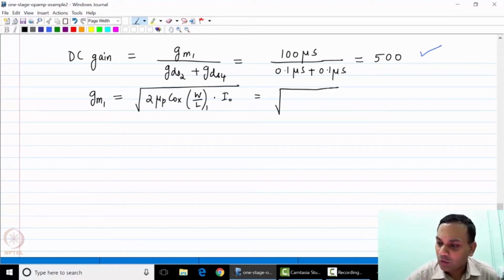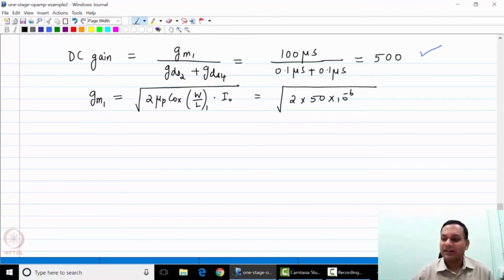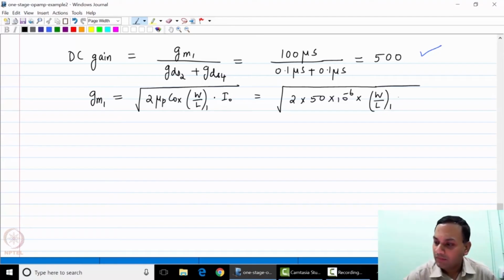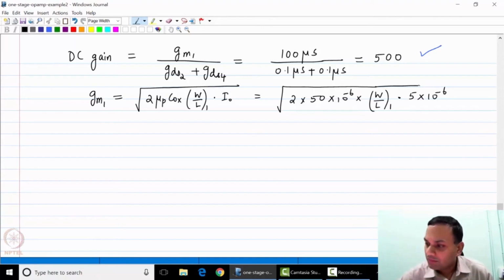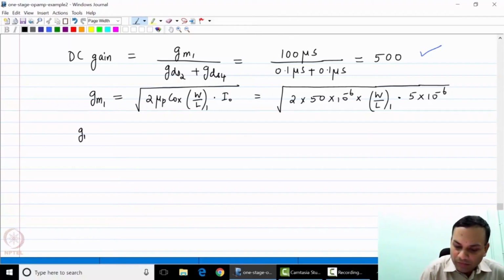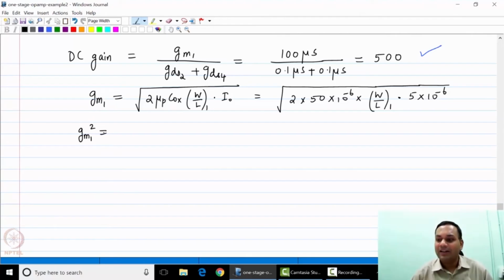This is nothing but root of 15 to 10 power minus 6 of 1 times 6. Therefore, since GM1 is 100 microsiemen, GM1 squared is 10 power minus 8.